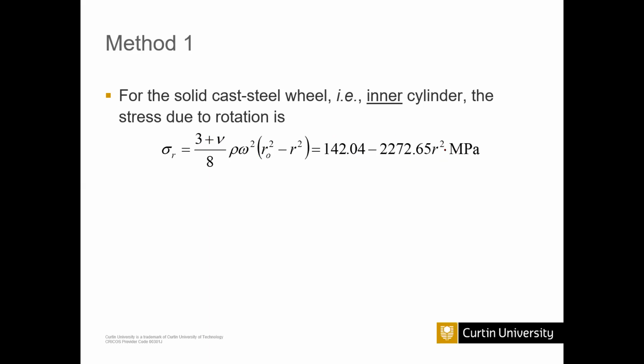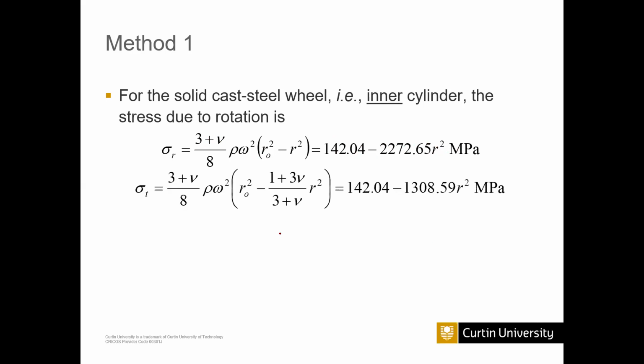If you want to find any radial stress, you can just substitute the radius and get the value. Then the tangential one, same way, only considering the rotating part, and get the general equation.